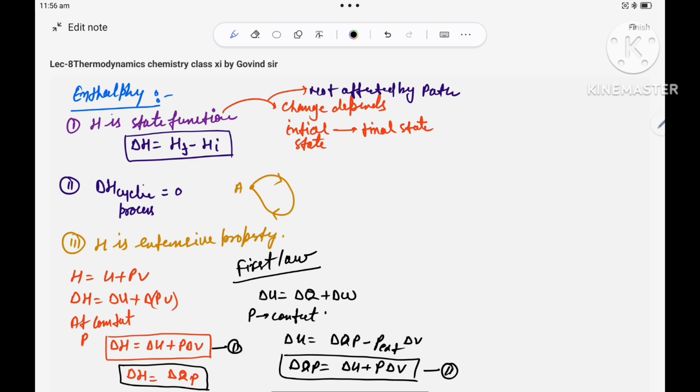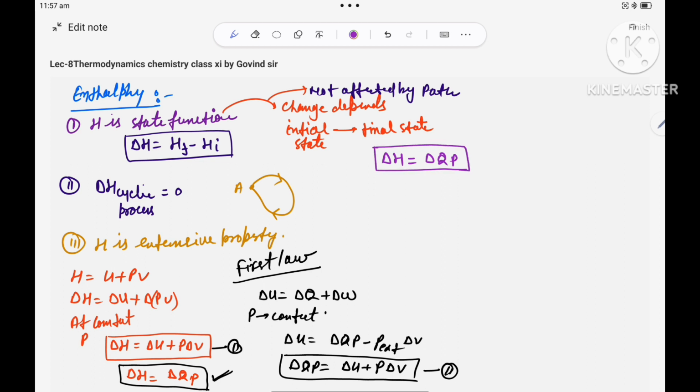From equations 1 and 2, the right sides are equal, so the left sides will also be equal. That's why this relation is true. Got it? So delta H is equal to QP. This relation we proved. Yes or no? Yes, sir.